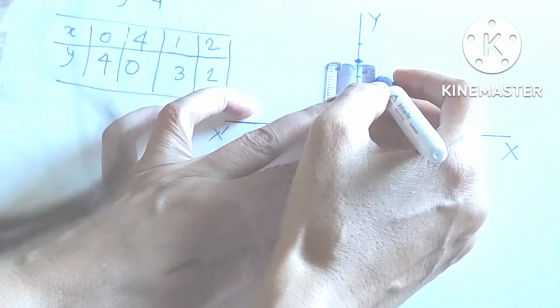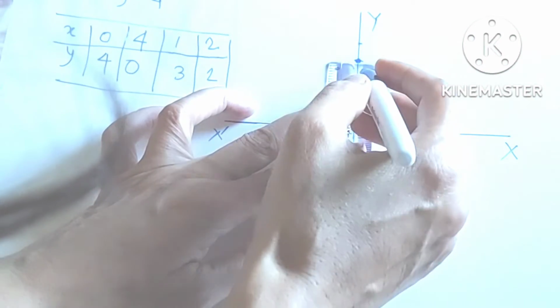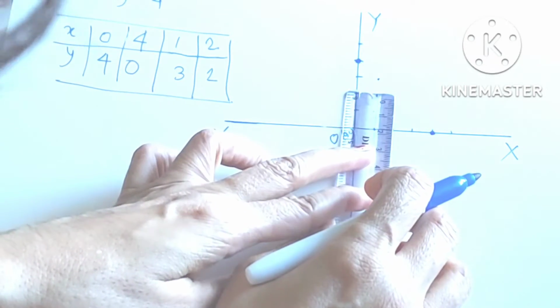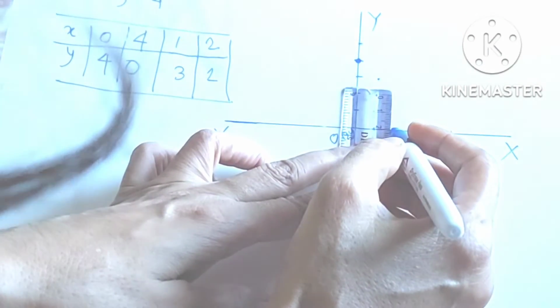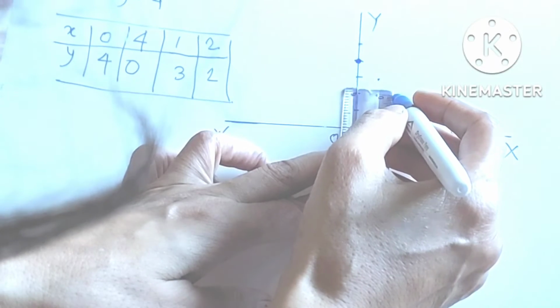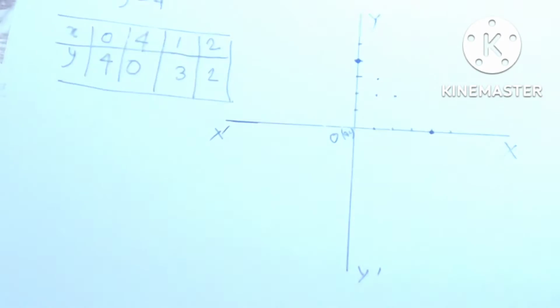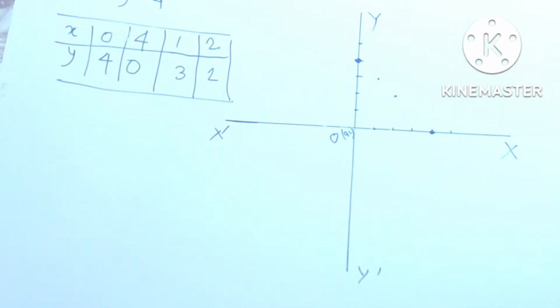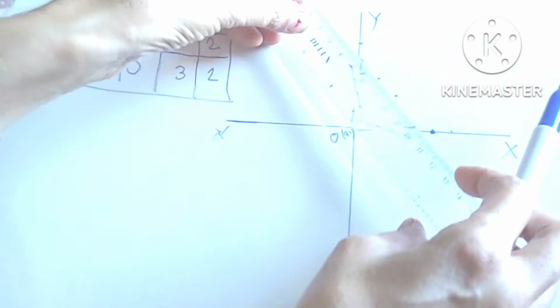This is the point. And now x is equal to 1, y is equal to 3. And x is equal to 2, y is equal to 2. And we have to draw a line which cuts these points.